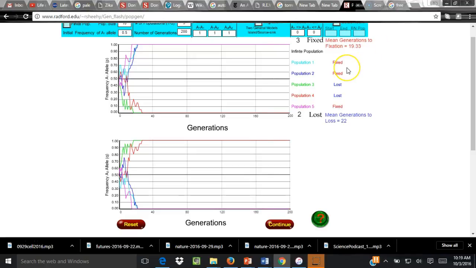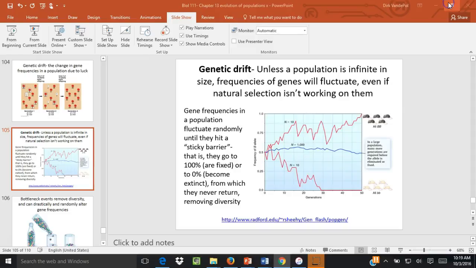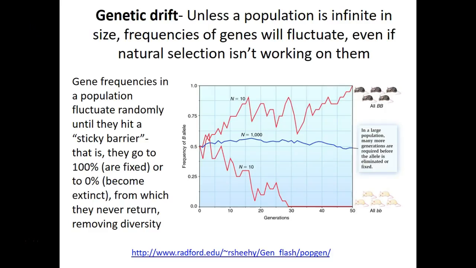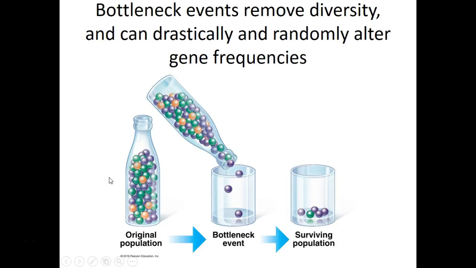Hopefully that's interesting, yeah? Okay, so that hopefully gives you the idea. When genes fluctuate randomly, they have ultimately hit a sticky barrier. That is, they go to 100% or to 0%. Does this show you why a bottleneck event removes diversity?